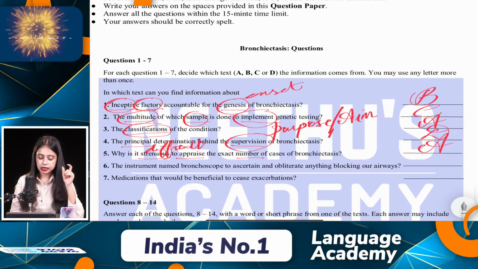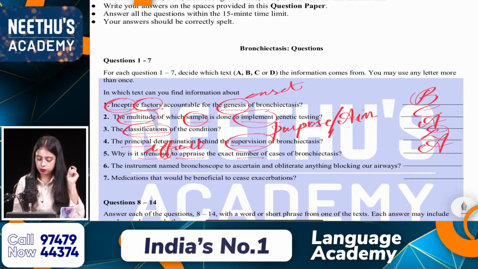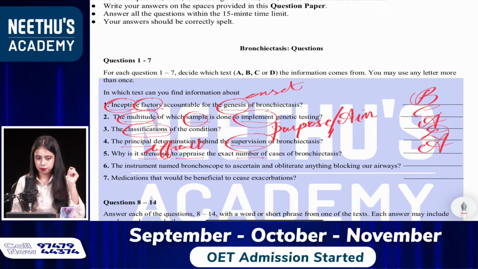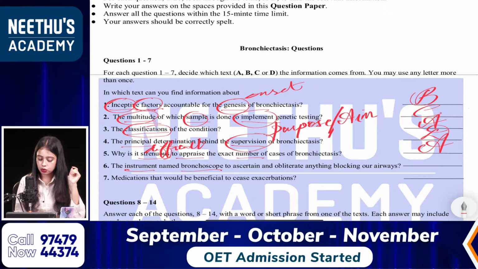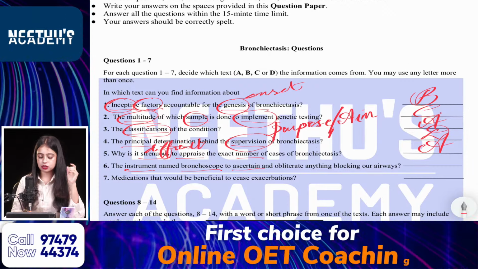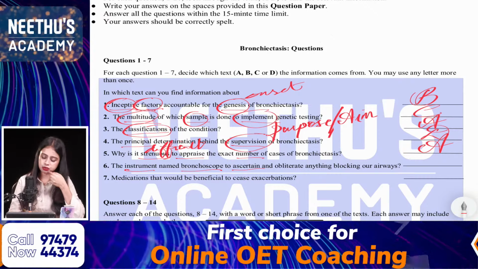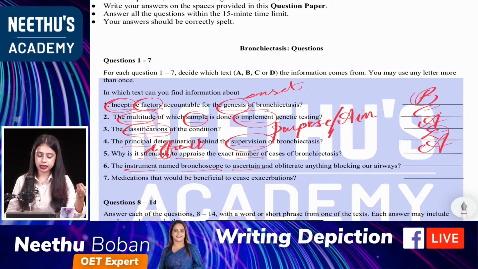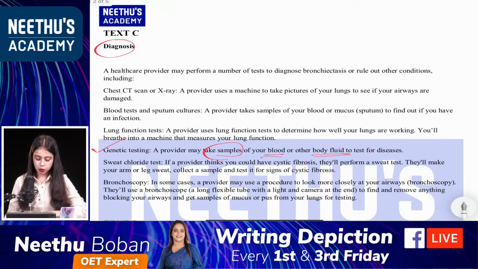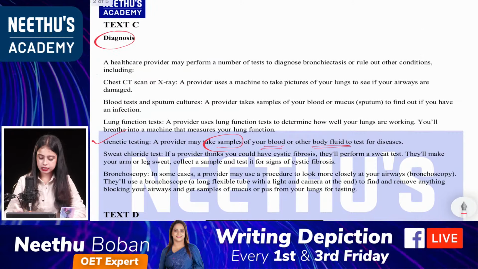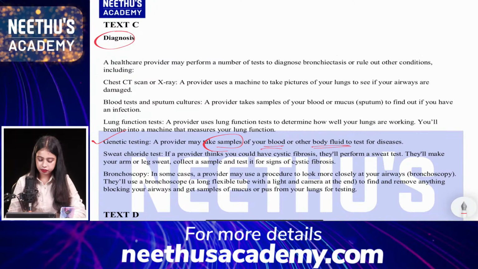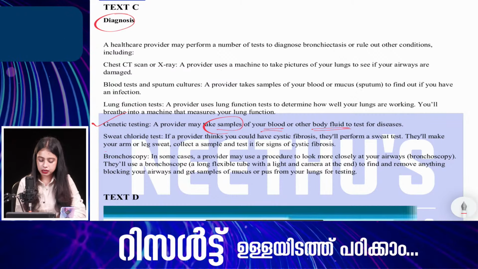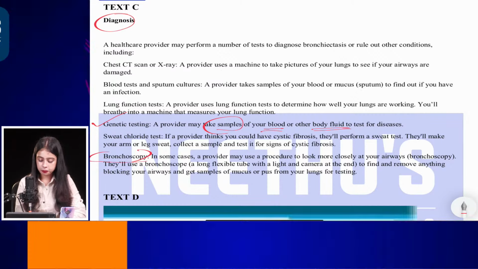And sixth one, instrument named bronchoscope to ascertain and obliterate anything blocking our airways. So instrument, bronchoscope, ascertain. These are my keywords from the sixth question. It's a lengthy question, but still very familiar keywords. Instrument, so I'm searching for the instrument here. Bronchoscopy.